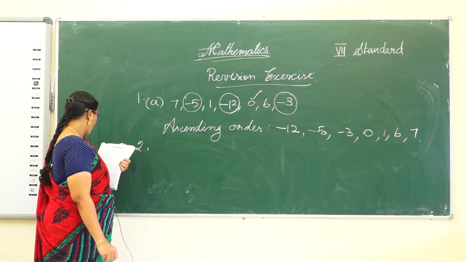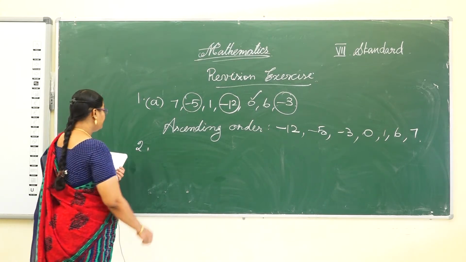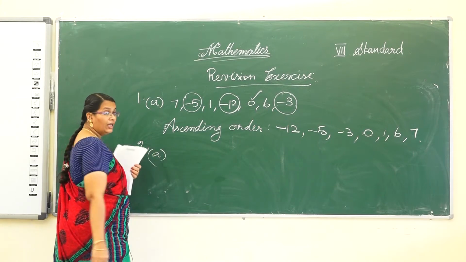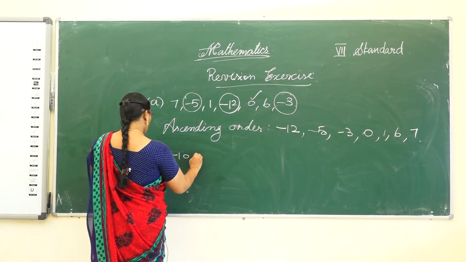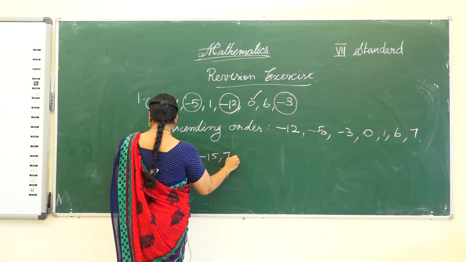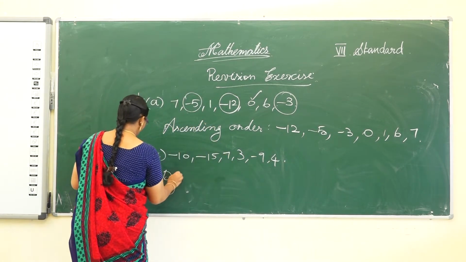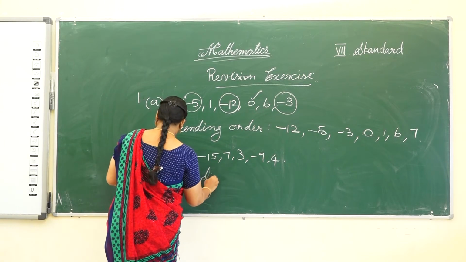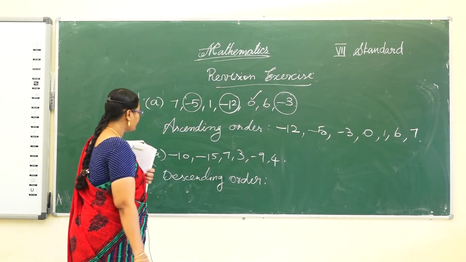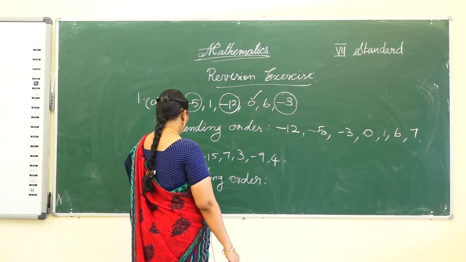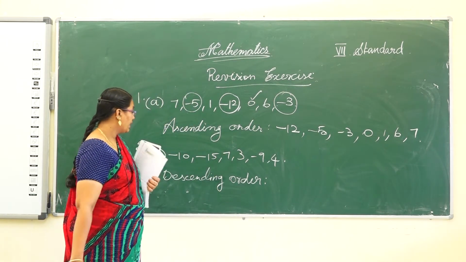And the next problem is homework. And second one, arrange the following integers in descending order. Here also we have considered option A. The given integers are minus 10, minus 15, 7, 3, minus 9, 4. Descending order, write from the greatest value.